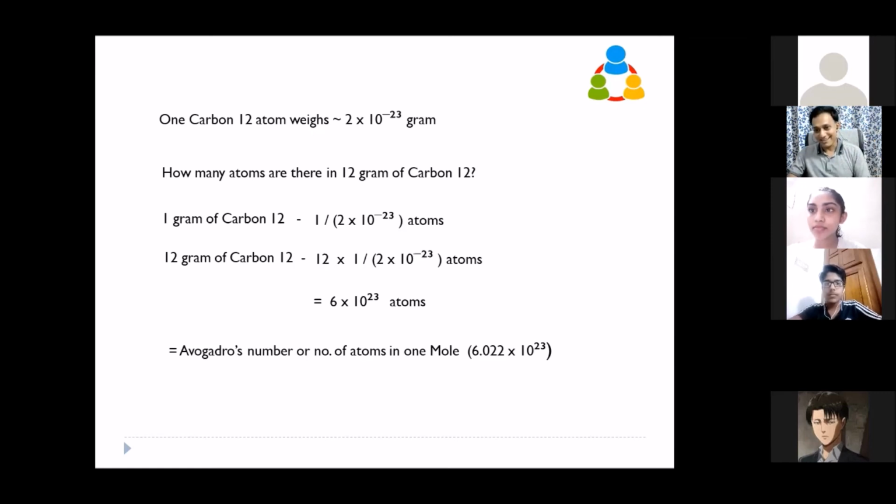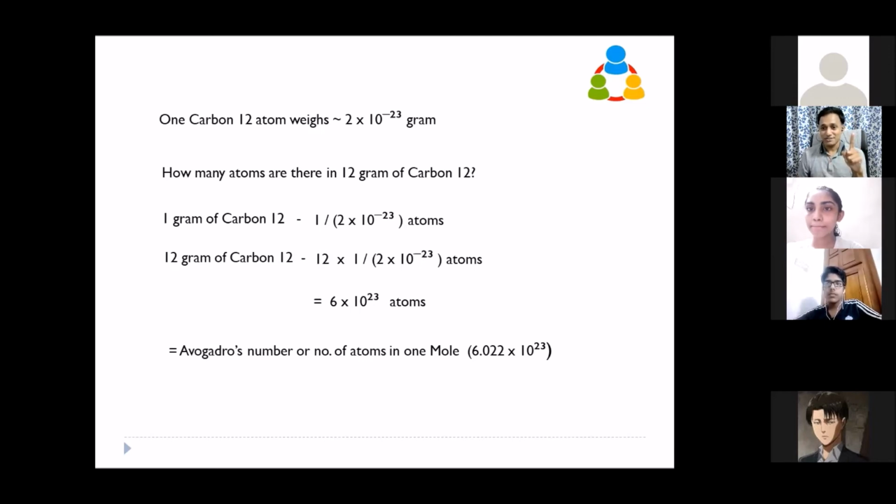Now here is the trick. You know the mass of a proton and a neutron is almost the same. So you can calculate in 1 gram: how many protons or neutrons are needed to weigh 1 gram?